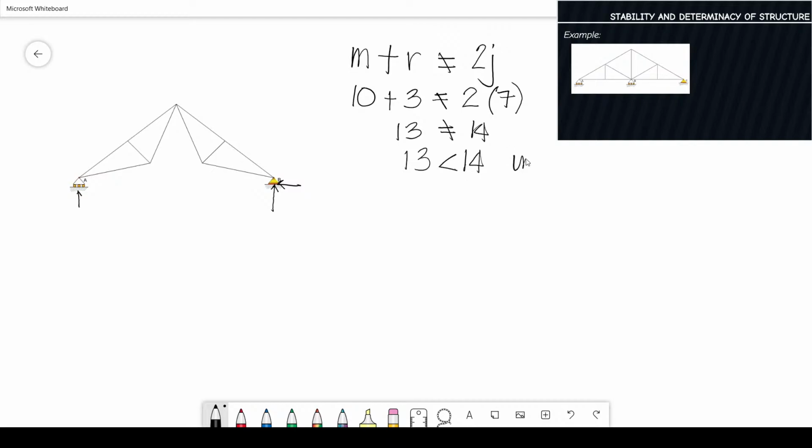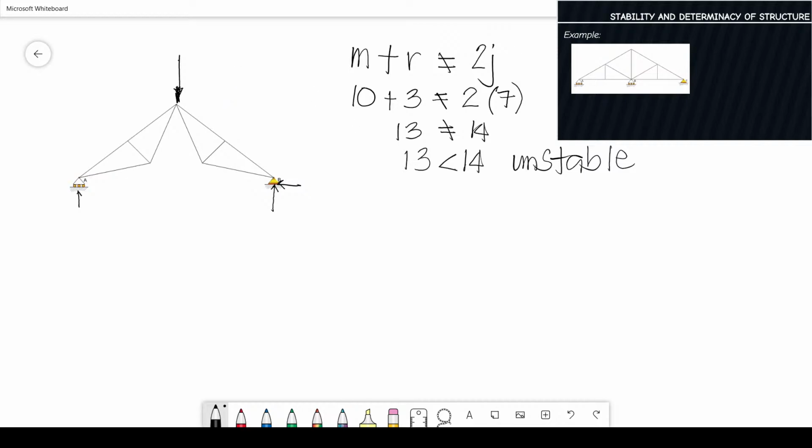So this is unstable. So imagine a load subjected at this point. So what do you think will happen to the truss? So malamang sa malamang magkukulapse siya. Alright?